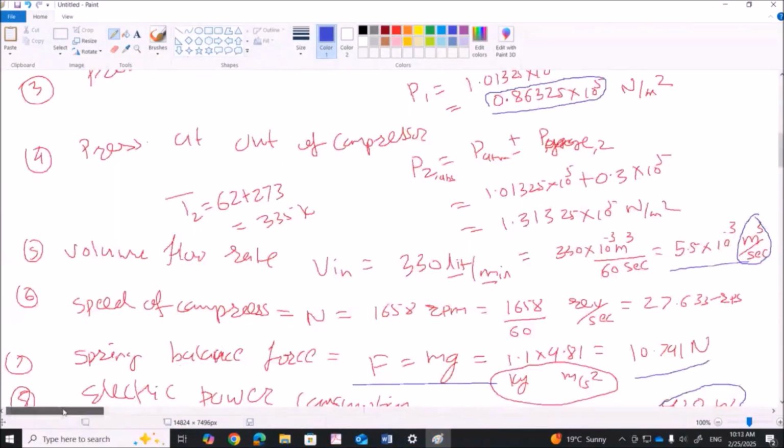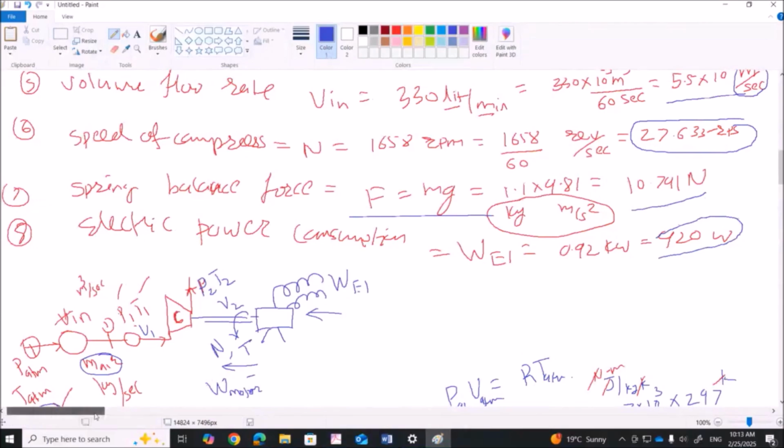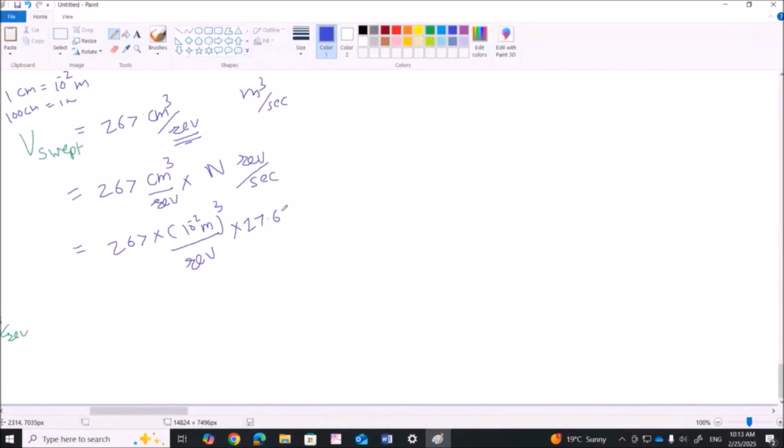What is N? Omega. Yes, here I wrote 27.66334 revolution per second. Now this revolution gets cancelled and I will get meter cube per second, with the swept volume as 7.3281 into 10 to the power minus 3 meter cube per second.